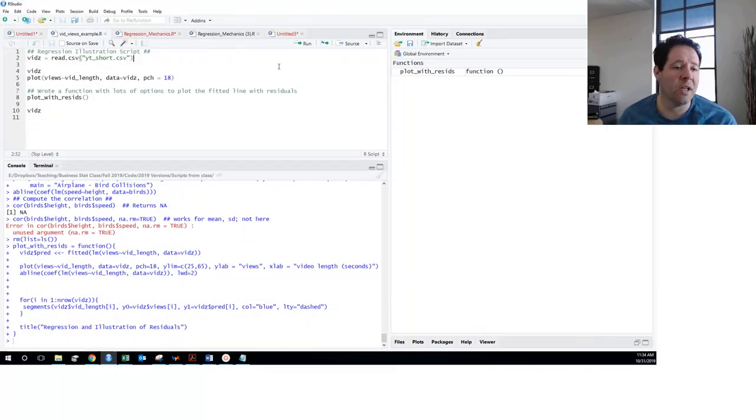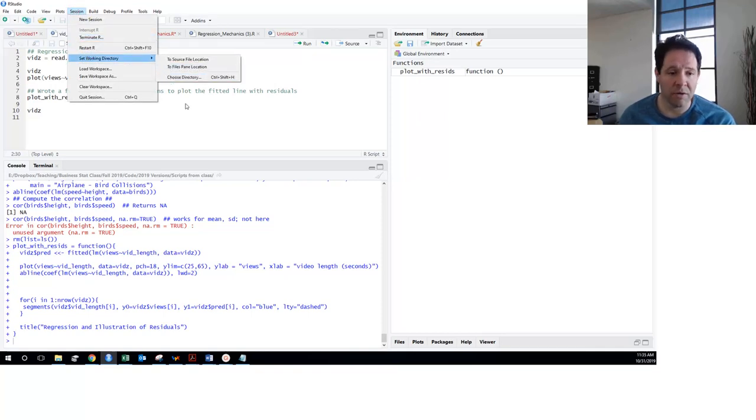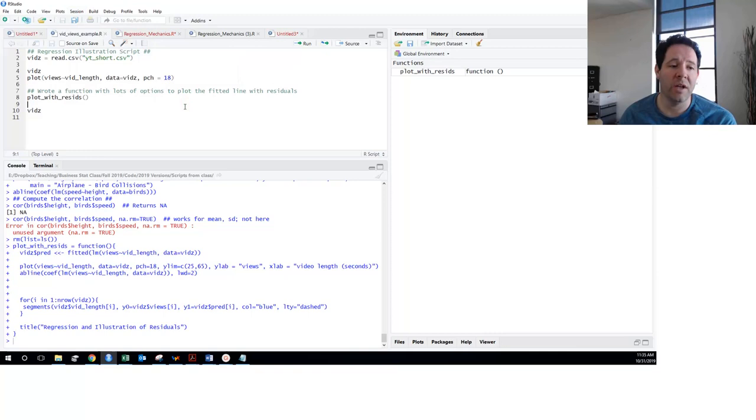I have that stored in the active directory. I've already gone through the script to make sure that everything works, so I've already set the active directory. If you're going to download this and go along with the example, you can do the same thing by saving the file in your active directory, or navigating Session, Set Working Directory, Choose Directory, and finding the directory where your data are stored.